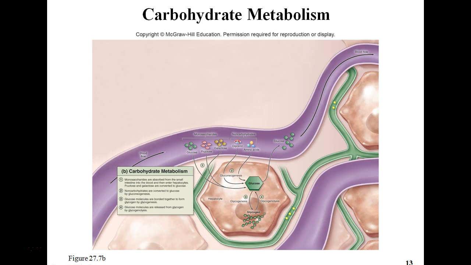So in other words, the main idea is taking these larger molecules and breaking them down into individual glucose subunits. Notice how these much smaller molecules enter the bloodstream and go into the blood flow, where they will be delivered to cells that need those substances.